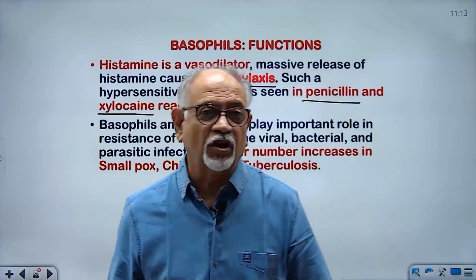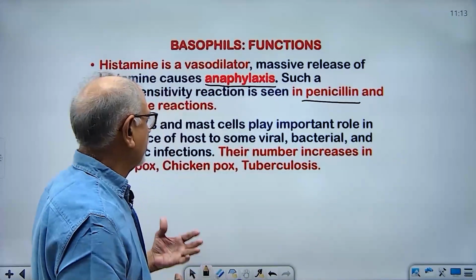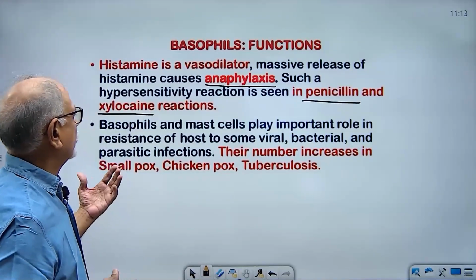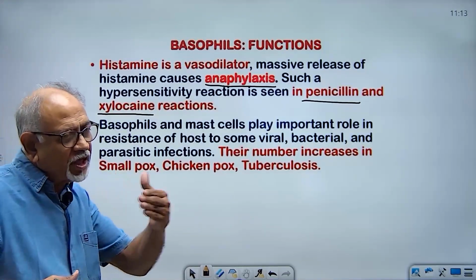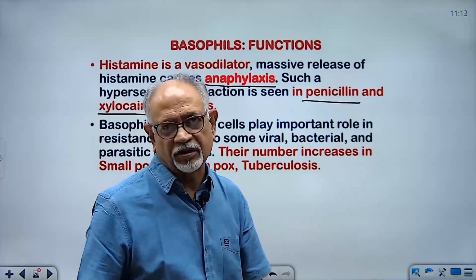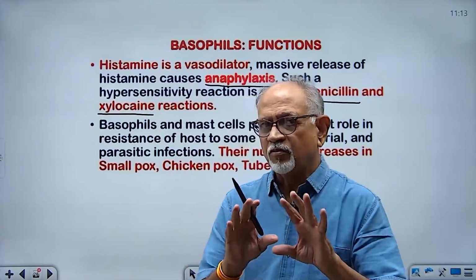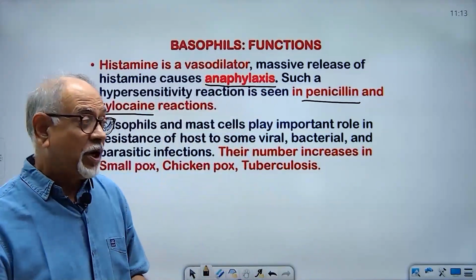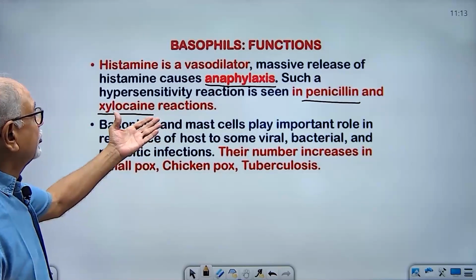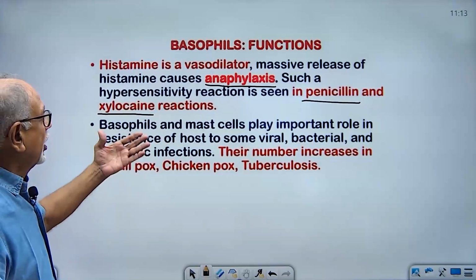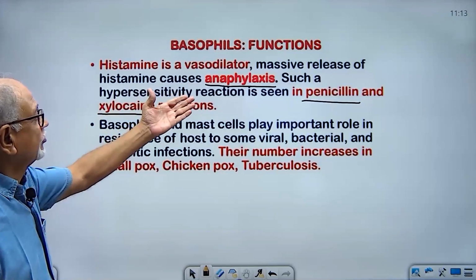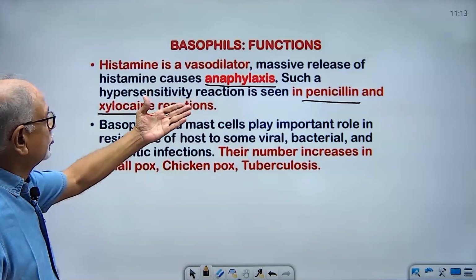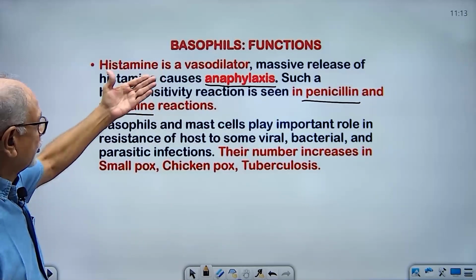It is used when some procedure is to be done. So just to block the nerve impulse conduction from that part, xylocaine is given so that the patient does not feel pain. But it is highly reactive, and it causes anaphylaxis due to vasodilation.